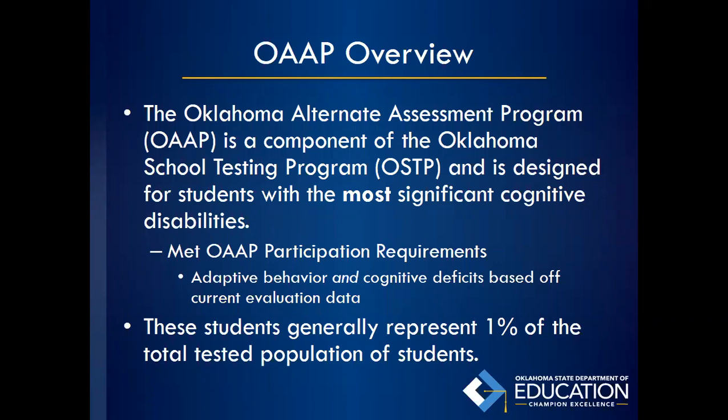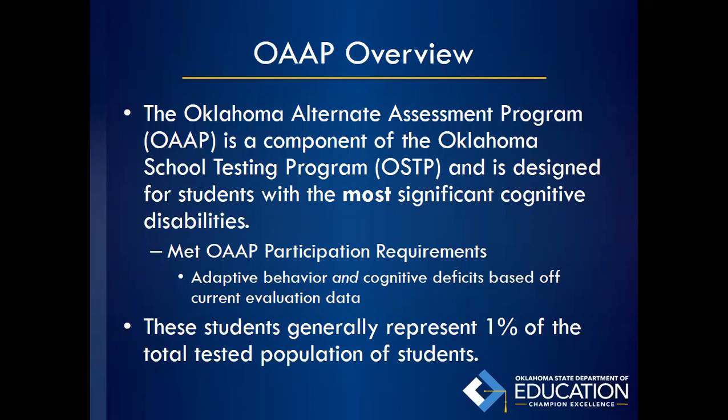Are they going to need lifelong support, supervision, safety? Those types of things are kind of a question. And they have significant cognitive deficits. And again, that would need to be based off current evaluation data. And for a student to participate in the OAAP, ultimately it comes down to an IEP team decision.